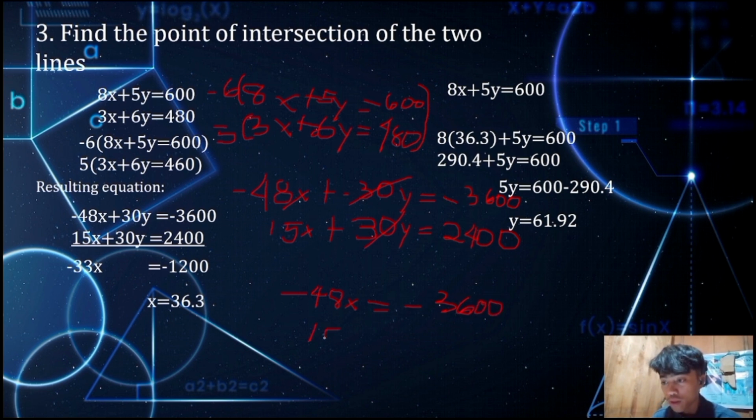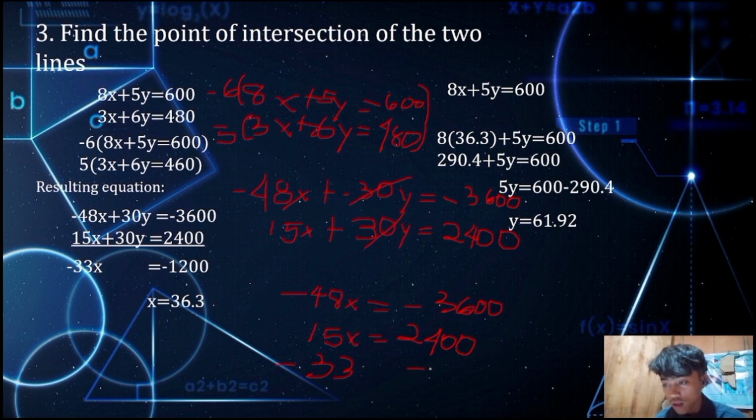And 15x equals 2,400. So, negative 48 plus 15, so negative 33x, and negative 3,600 plus 2,400.